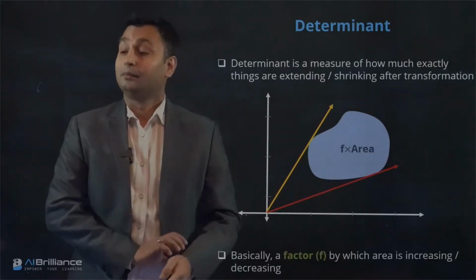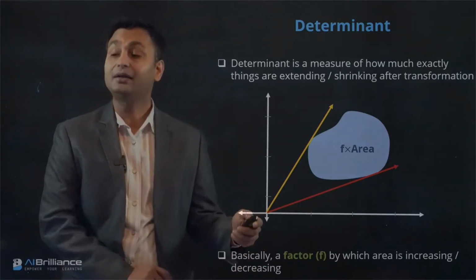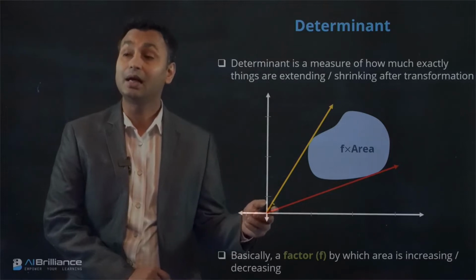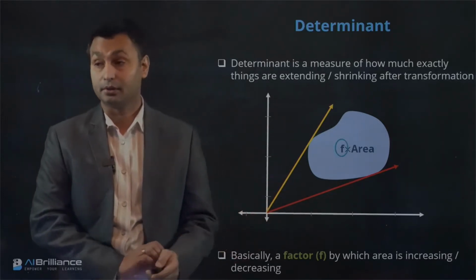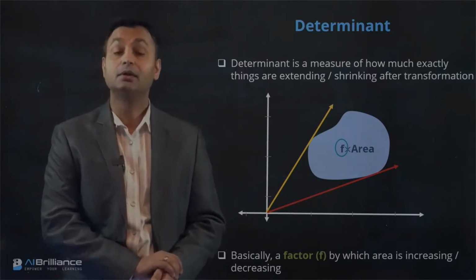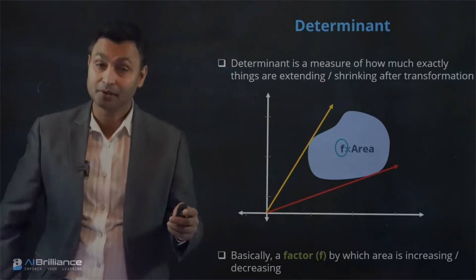What a matrix essentially measures is the factor by which the area of this object is increasing or decreasing.